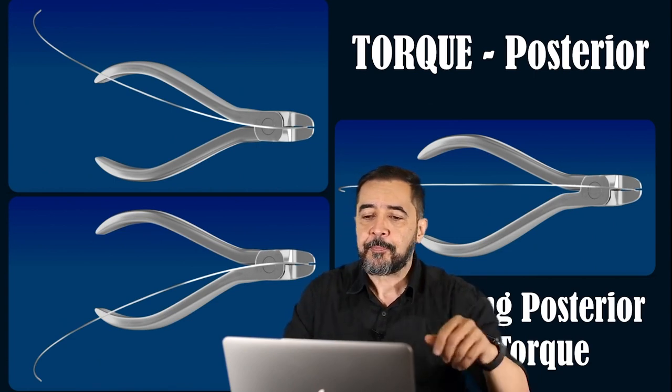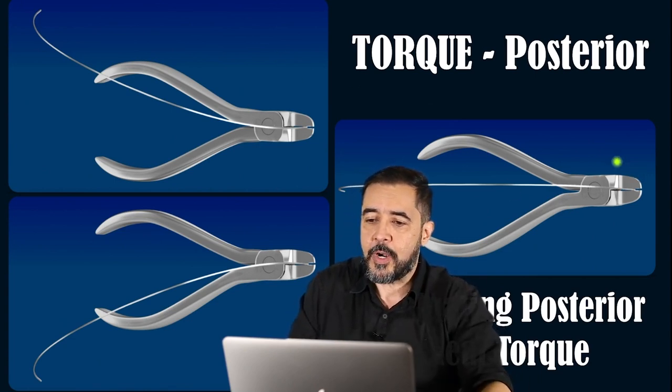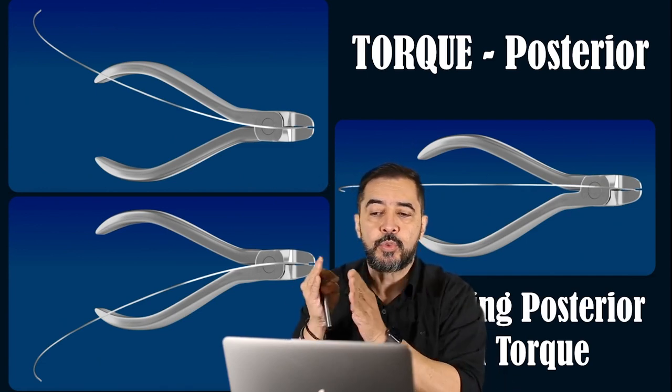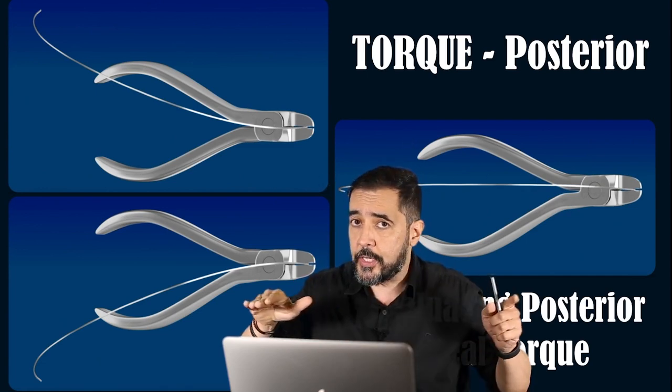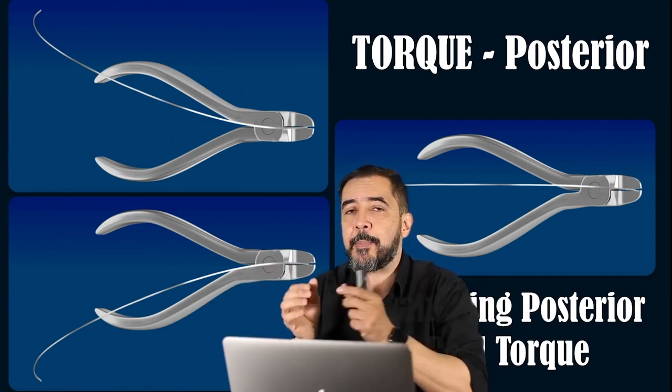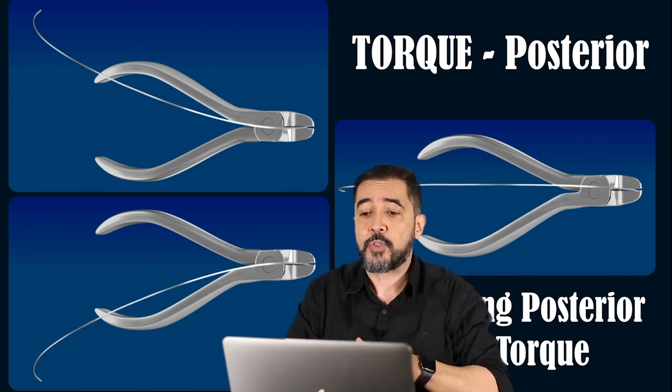And here, coming back to our explanation, we have the neutral posterior real torque. The neutral posterior real torque is no torsion of the rectangular arch wire in the posterior segment of our arch wire. So we have no torsion.